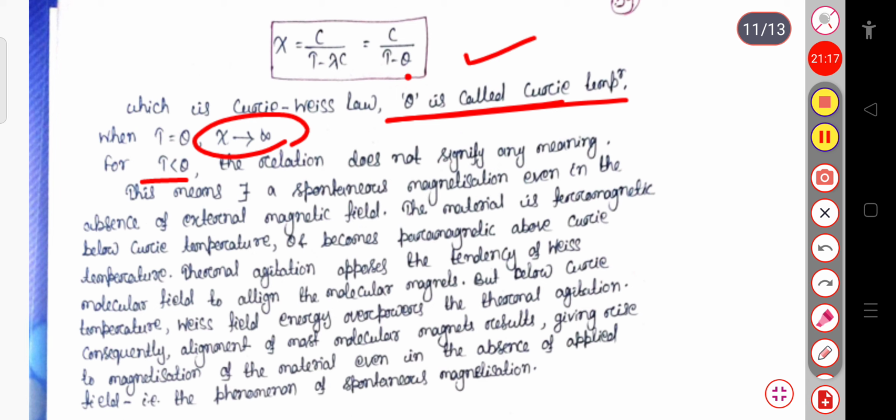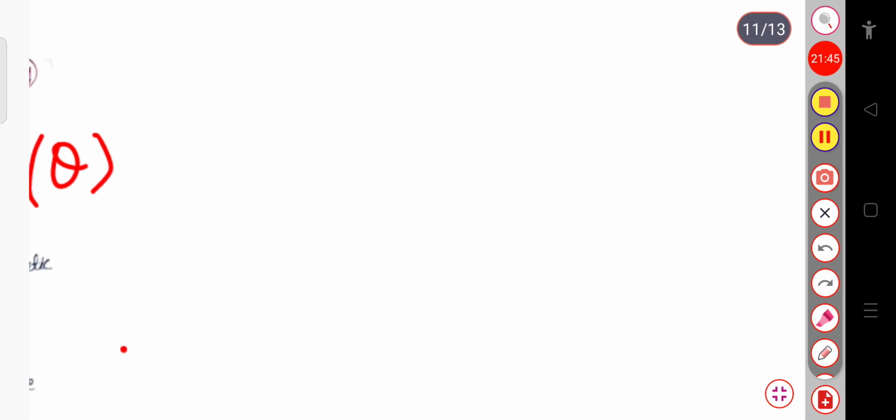This means that there exists a spontaneous magnetization even in the absence of the external magnetic field. That is, when T becomes theta, you can see in this expression that the susceptibility goes to infinity. The material is ferromagnetic below the Curie temperature, and this theta is the Curie temperature.